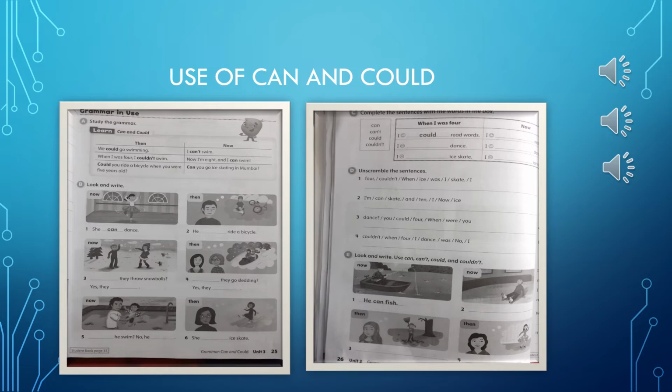That means you have to use I couldn't dance, because the face shows you are not able to do it. Next, I dash ice skate. Again, the face is sad. Okay, so you would use I couldn't ice skate.